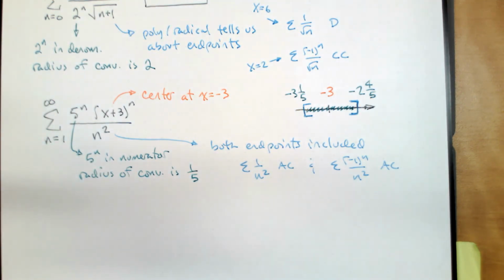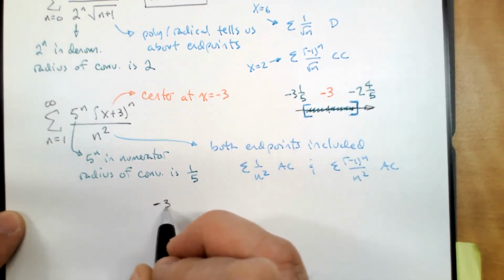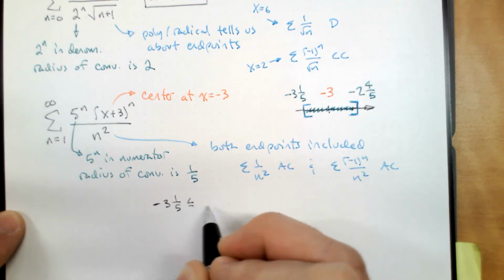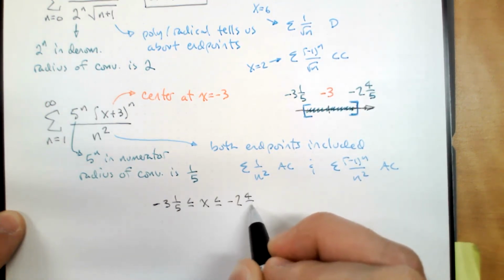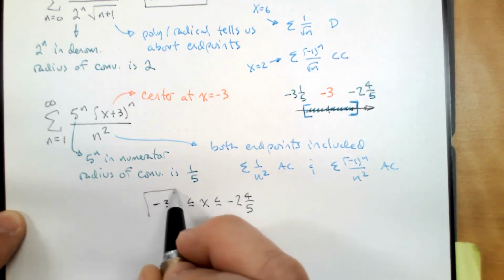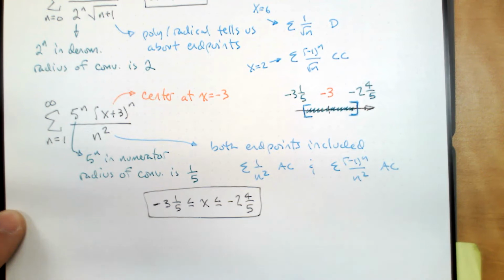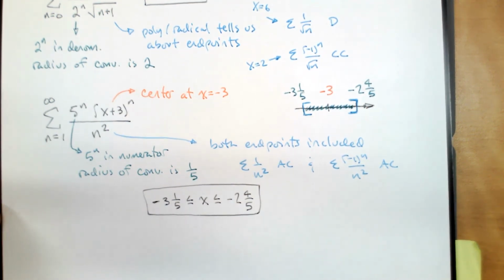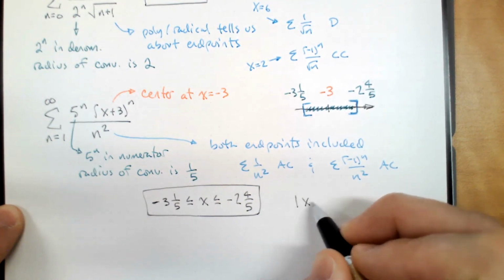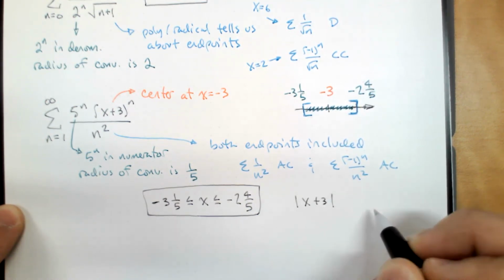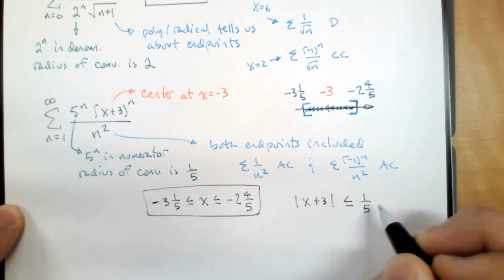So here, we can say the interval of convergence is -3 1/5 less than or equal to x less than or equal to -2 4/5. Since both endpoints are included, we could list the interval of convergence as the absolute value of x plus 3 is less than or equal to 1/5.